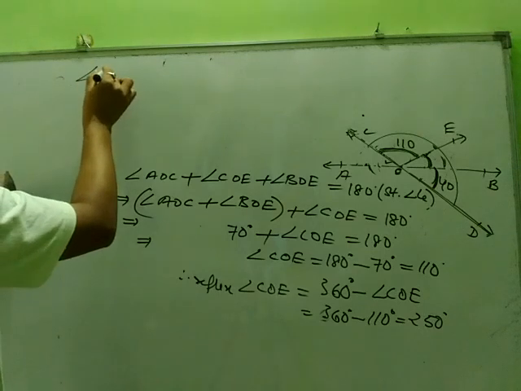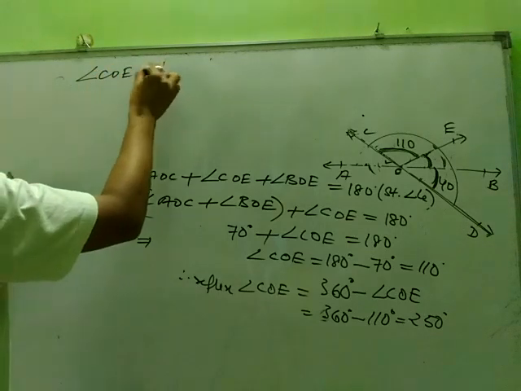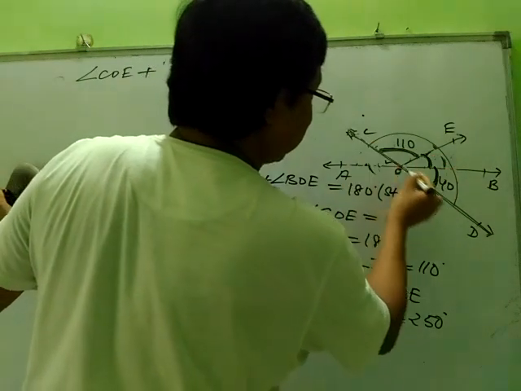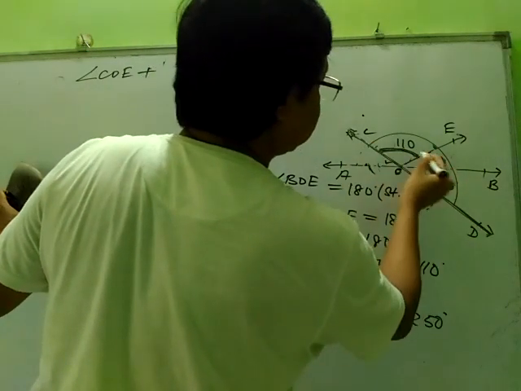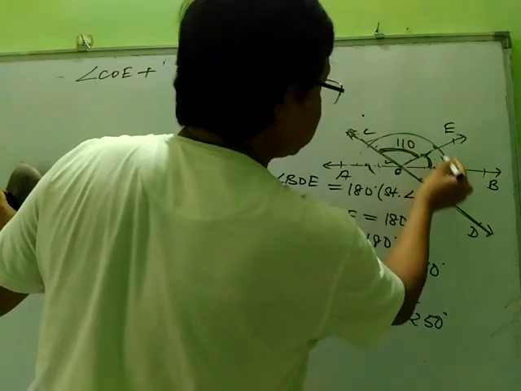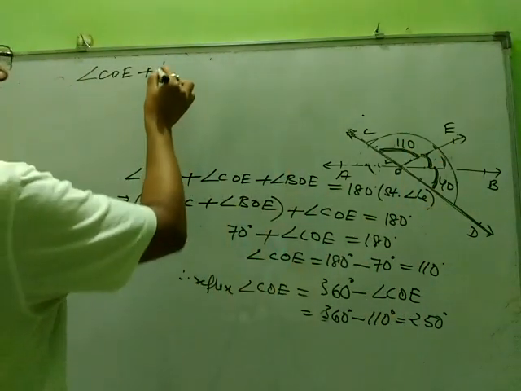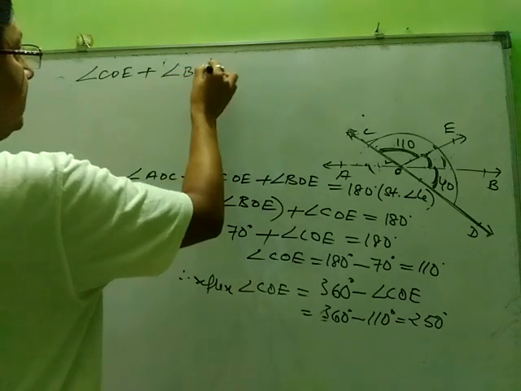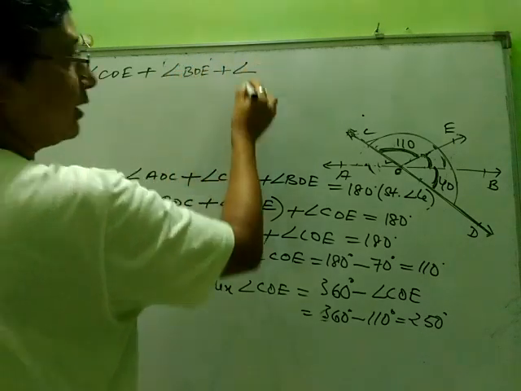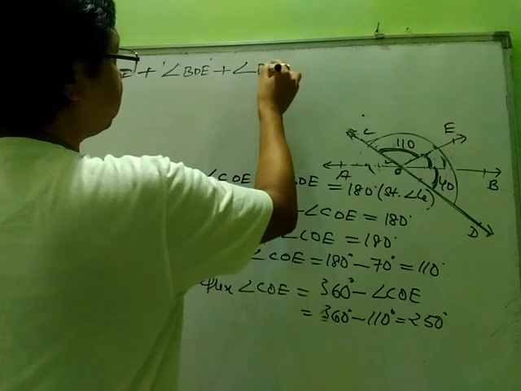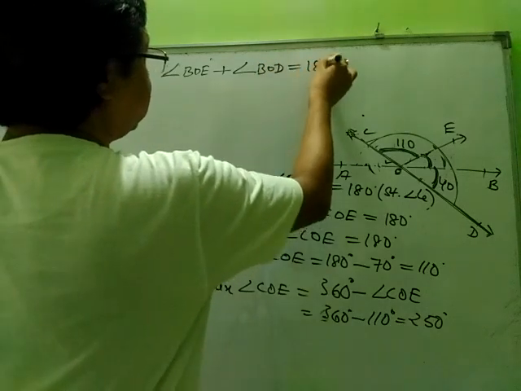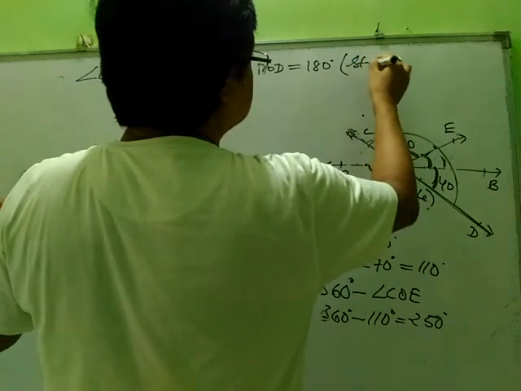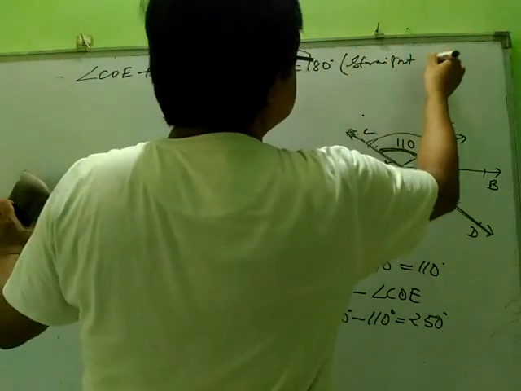So angle COE, this and this, this is the straight line and you will add these three angles, so you get a total sum of 180 degrees. So angle COE plus angle BOE plus angle BOD equals 180 degrees. This is the straight angle.